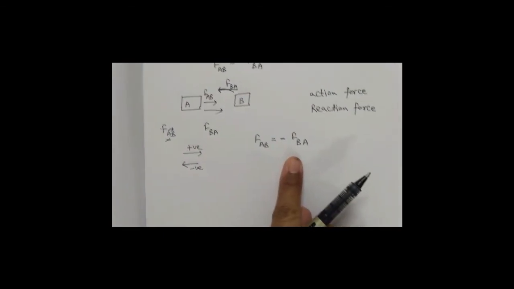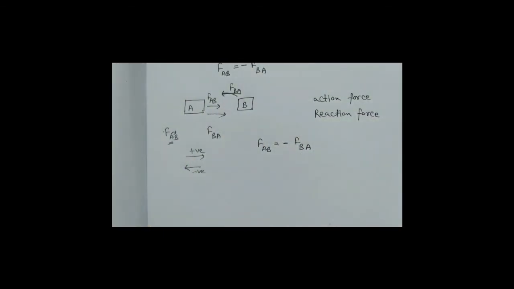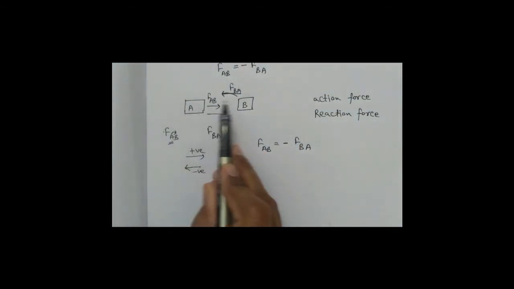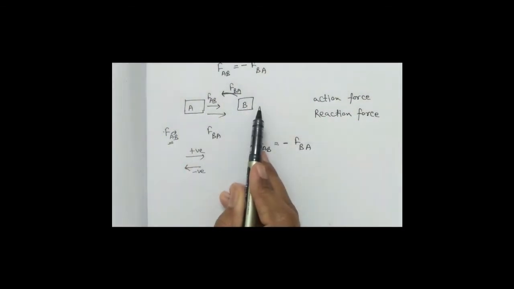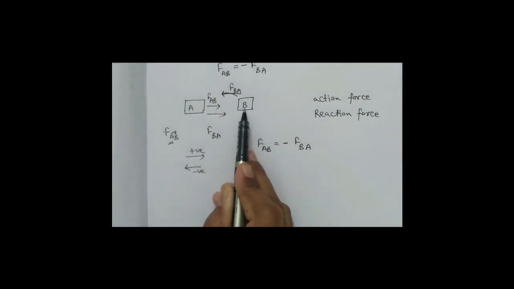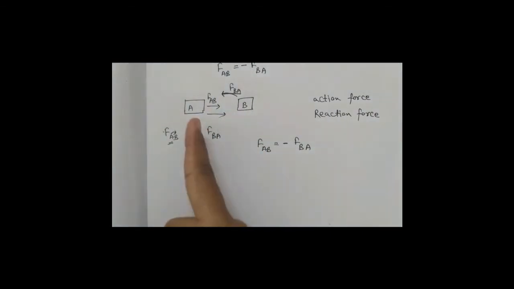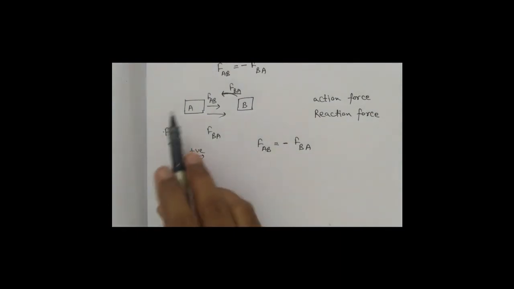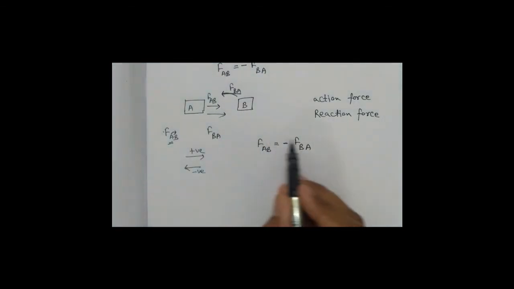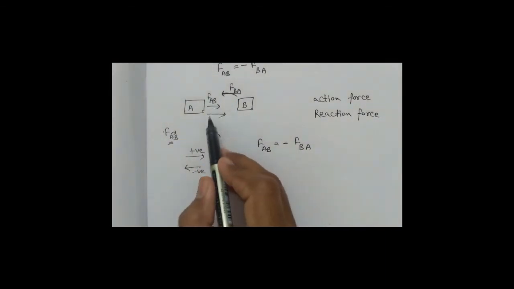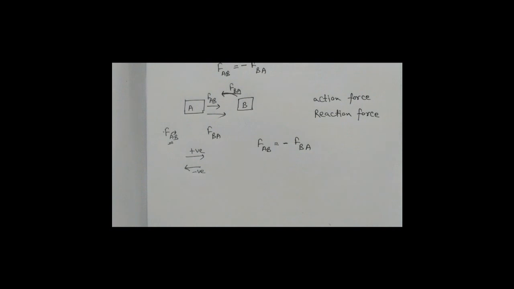This means that to every action, object A exerted a certain amount of force towards B, and to this action B also reacted, exerting the same amount of force towards A. So can I say that to every action there is an equal and opposite reaction? Why opposite? Because the directions of both the forces are just opposite. That's why I'm taking the minus sign.